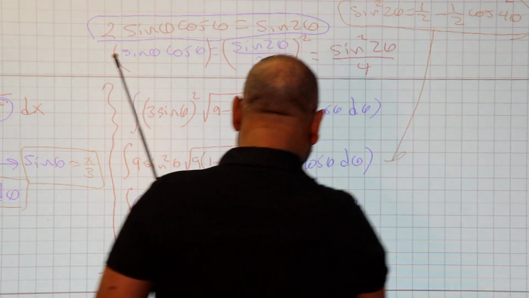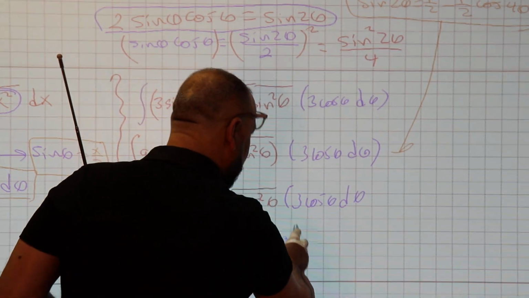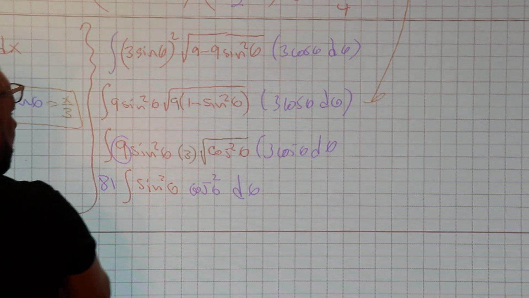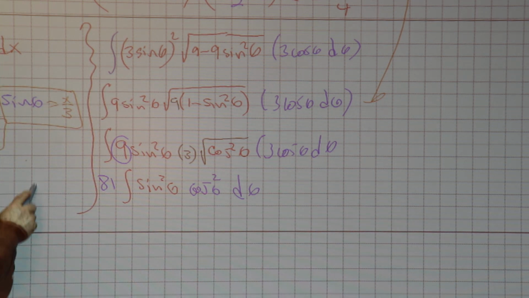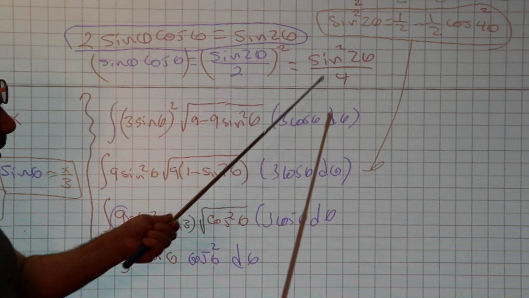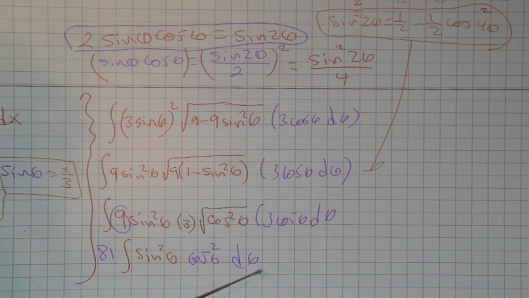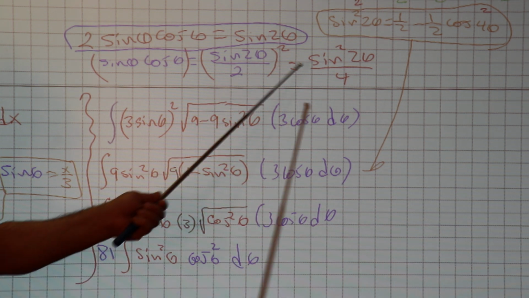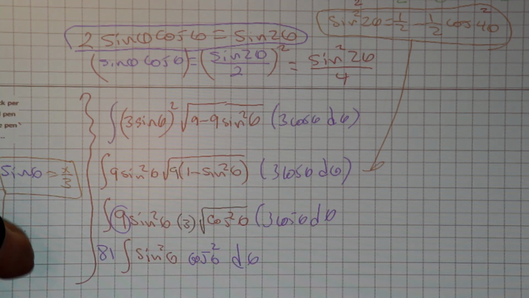What we need now here, this guy equals sine square 2 theta over 4. Then I'm going to do it step by step.